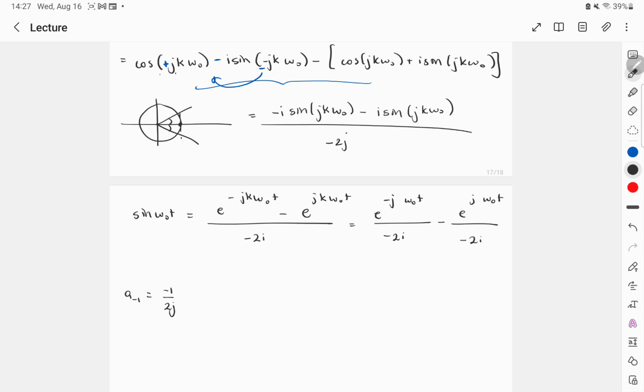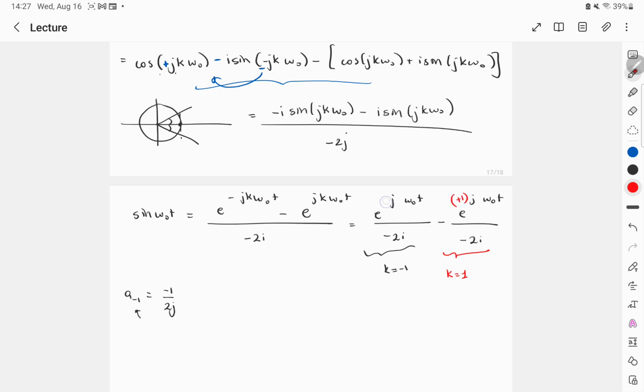The k value is the subscript of a. So here we have k equals minus 1, so that we have the minus sign in front, and here we have k equals 1, so that it is multiplied by plus 1.